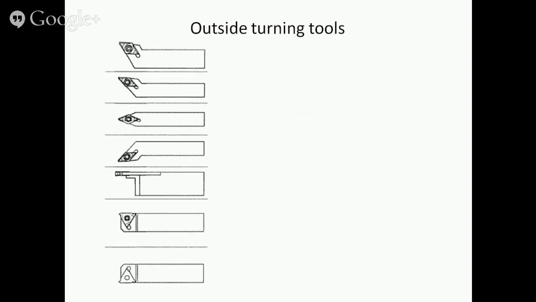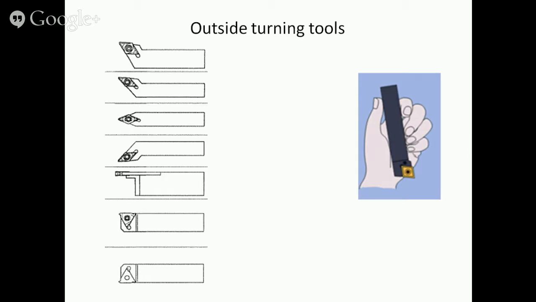This is a choice of commonly used outside turning tools. Remember the way to determine whether they are left or right turning tools. This is a left roughing tool. And this is a left side tool.